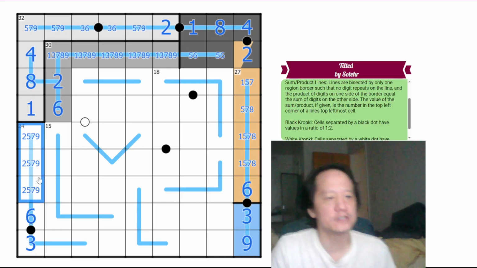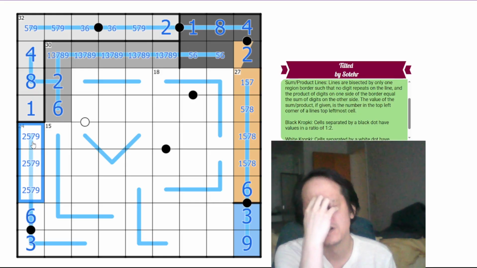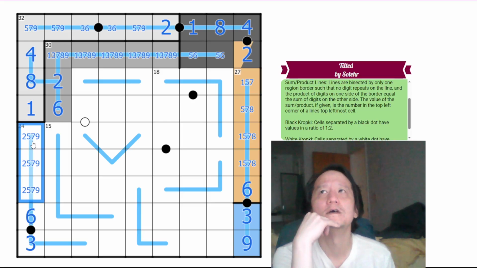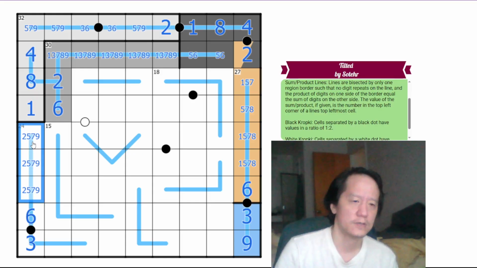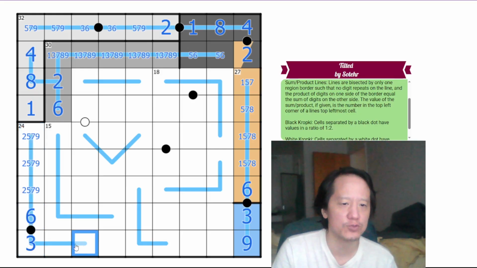So we are guaranteed at minimum 2, 5, and 7. 2, 5, and 7 at minimum adds up to 14. So 2, 5, 7, 14 plus 6 plus 3. Okay, to multiply to 24.